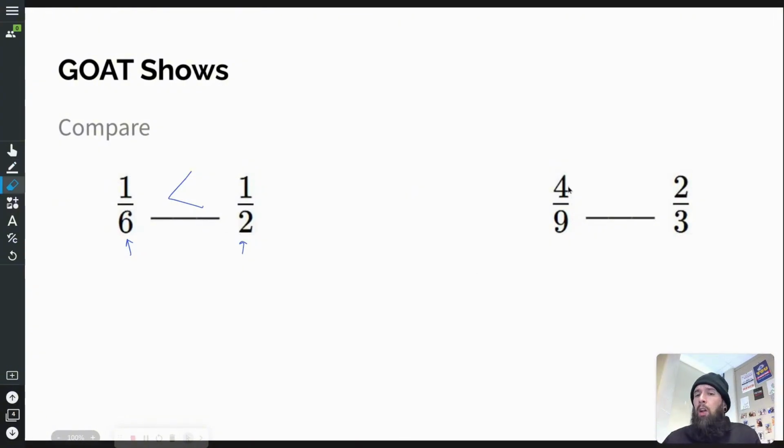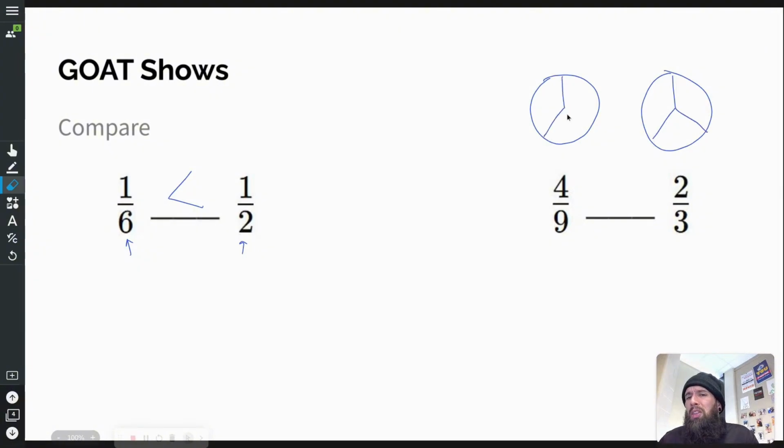With this one, I don't have a numerator that's the same or a denominator that's the same, so we try to draw a picture, and this is not going to be pretty at all. Not one bit. Okay, you're 1/3, that's not too bad. You're 1/9, so I'll try to draw that.